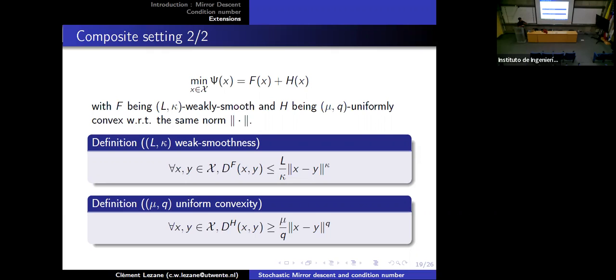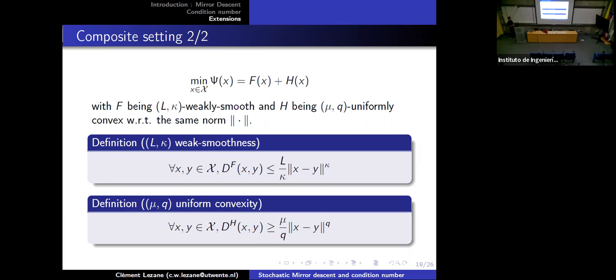The advantage here is that mu is linked to H. When you look at the new condition number L divided by mu H, then we don't have this bound anymore.